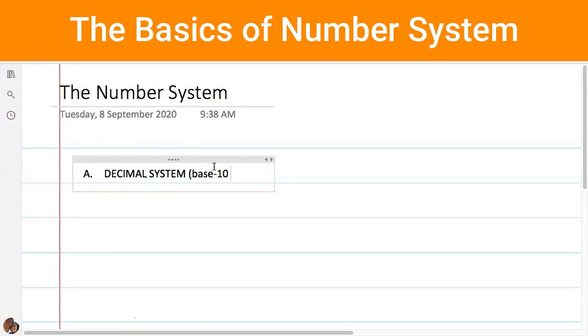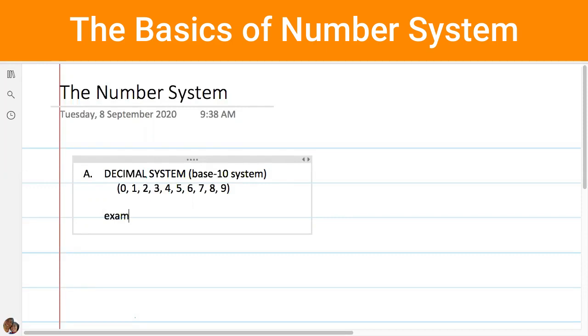When we say base 10 system, meaning to say the possible numbers are 0, 1, 2, 3, 4, 5, 6, 7, 8, and 9. These are the possible numbers in this number system.